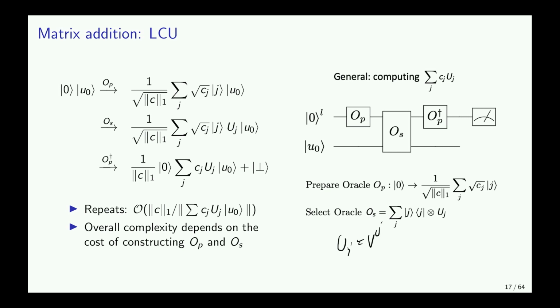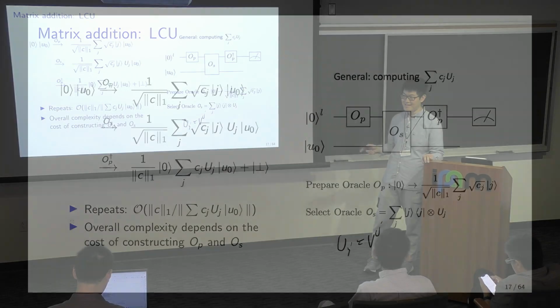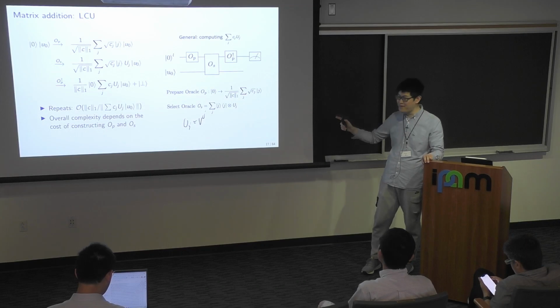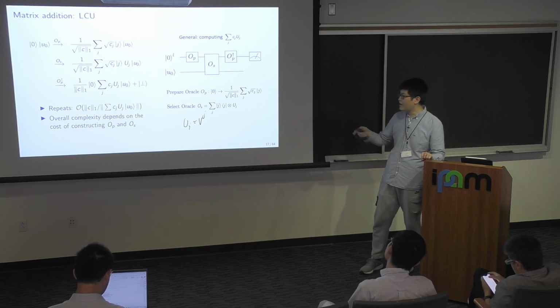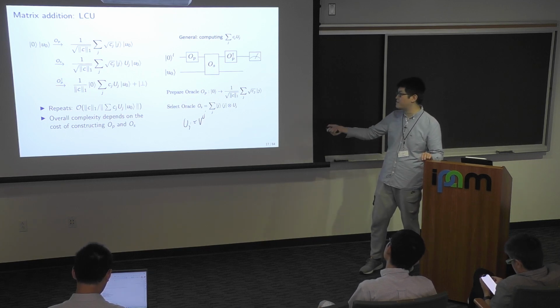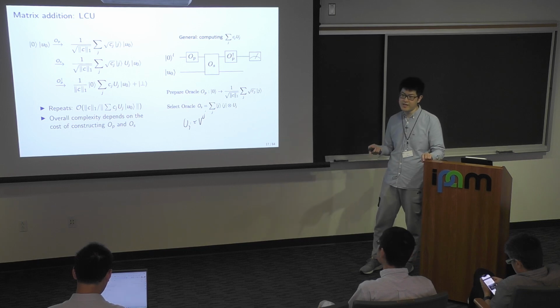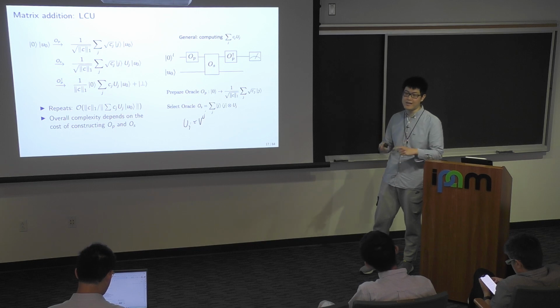The overall complexity will still be linear in the number of unitaries that you're applying here. So the short answer is that the cost depends, and in general it can be expensive, depending on the number of unitaries and the cost of implementing each unitary. But in some specific cases, and you will see that in many applications, we have some nice structure and it can be simpler.